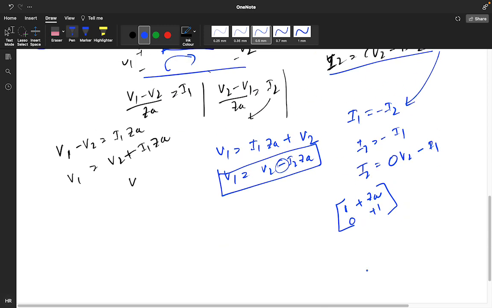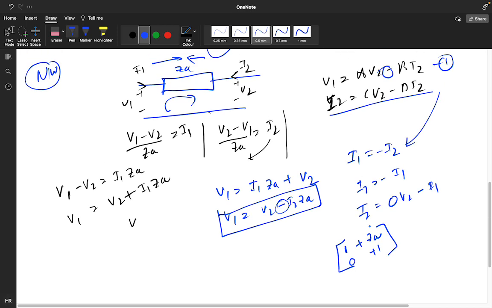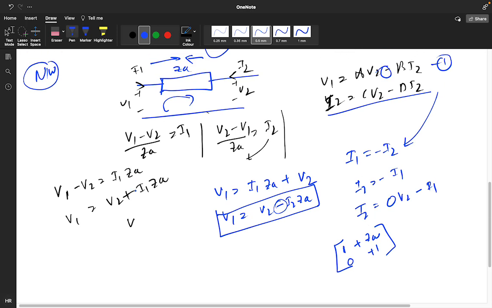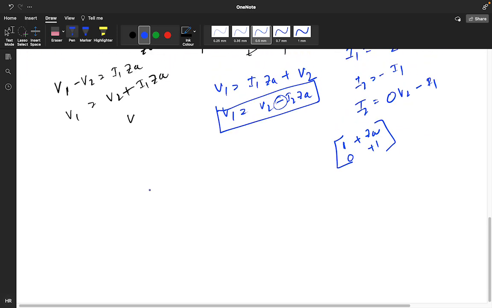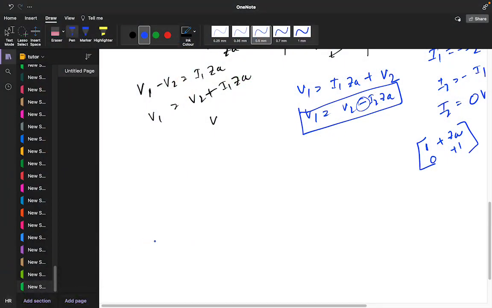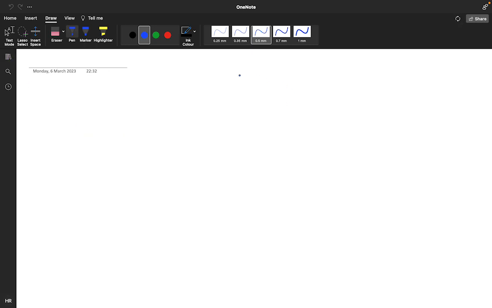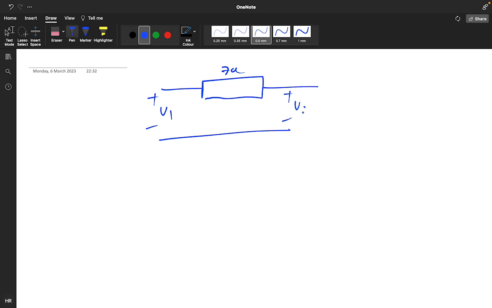Prasanna, is this clear, how we are getting this value 1 ZA 0 1? See, I will solve it again. Listen, this is very important. That's why I'm focusing so much. See, you have a ZA part, you have positive and negative V1, you have positive and negative V2.